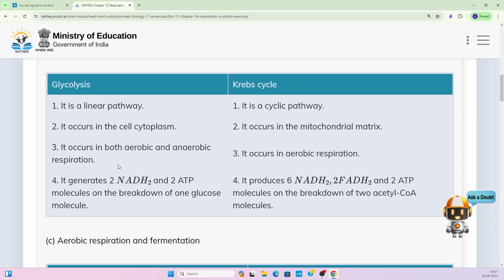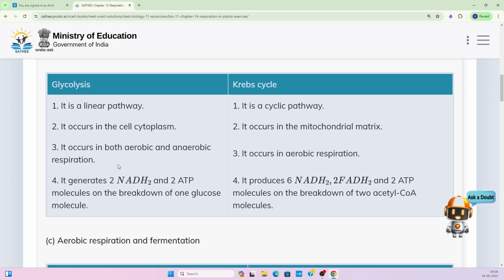Another difference: glycolysis occurs in both aerobic and anaerobic respiration. This is one of the common reactions occurring inside the cytoplasm. Aerobic respiration occurs in the presence of oxygen, whereas in anaerobic respiration there is no oxygen. Glycolysis is common to both types of respiration.